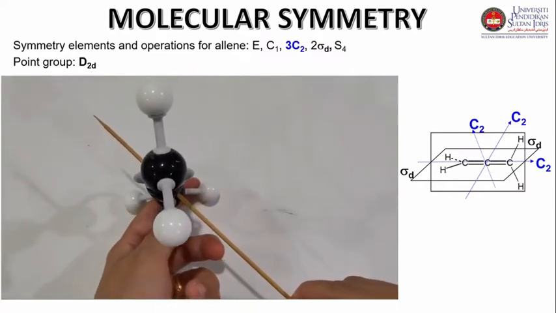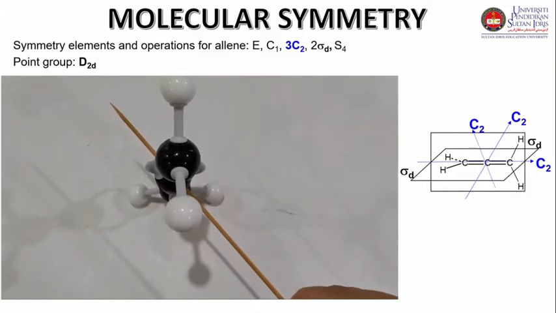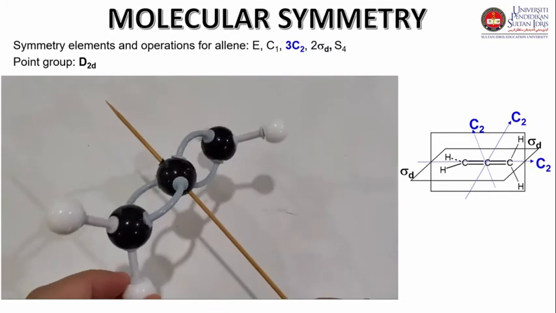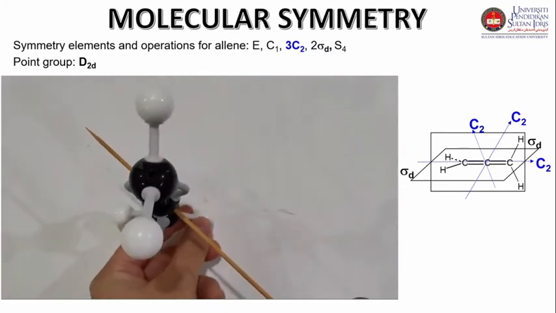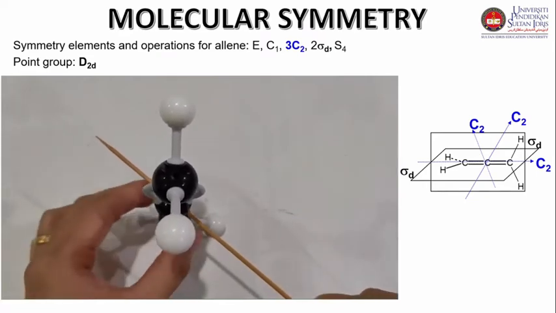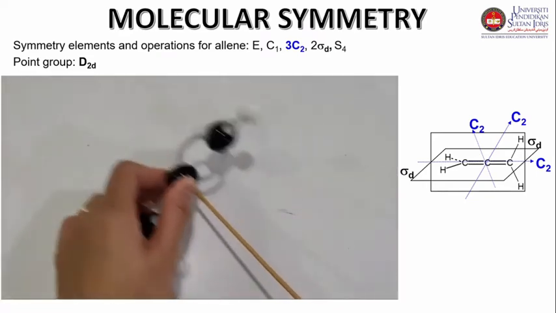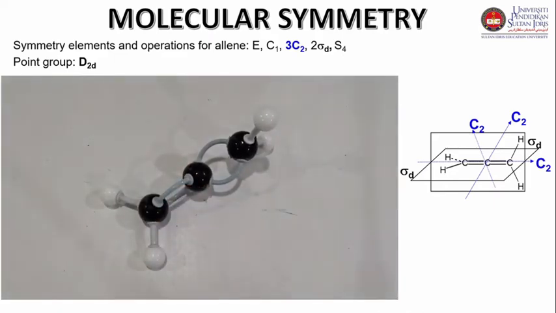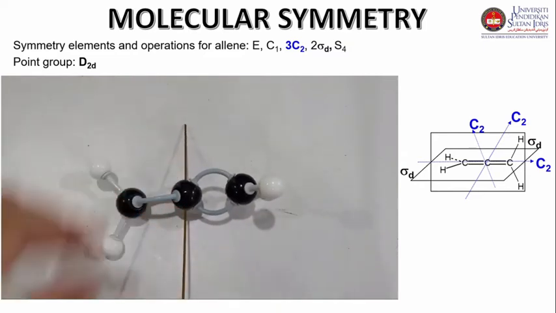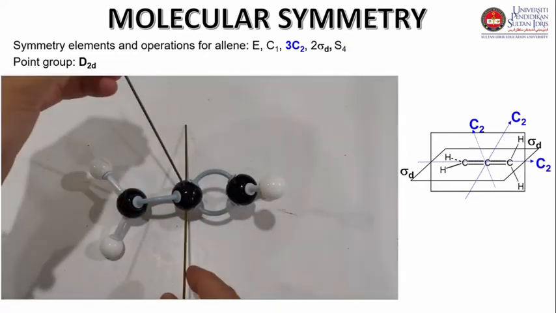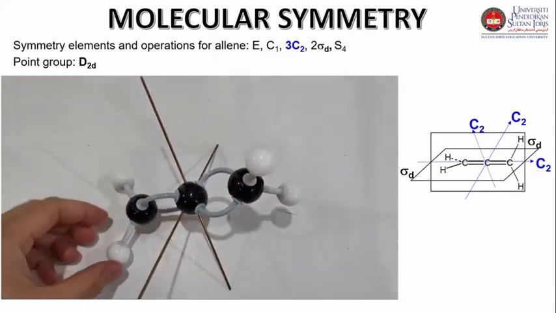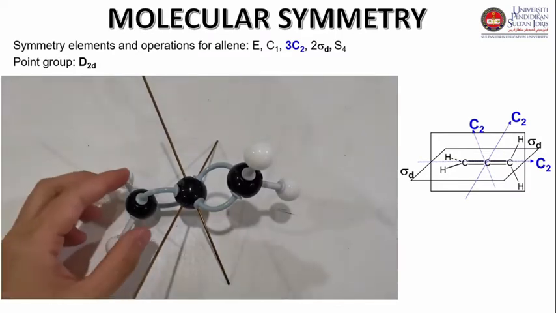Yes guys, you can clearly observe that there is existence of a C2 axis along this axis. But there is another C2 axis along this axis. You can clearly observe the presence of another C2 axis. So there are two C2 axes lying between these carbon atoms, one in this direction and another in this direction, and one more is this.